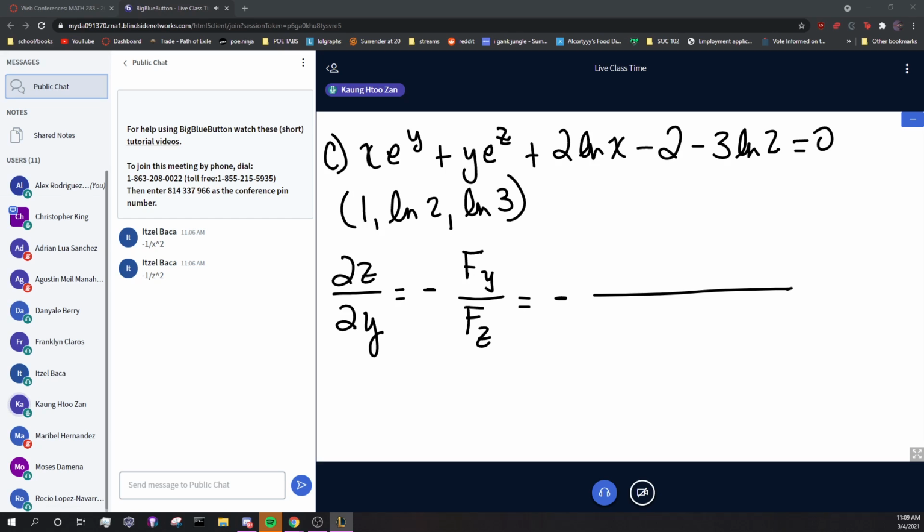X is e to the power y, plus e to the power z. Okay. And then next, if I do the partial with respect to z, what will I get?